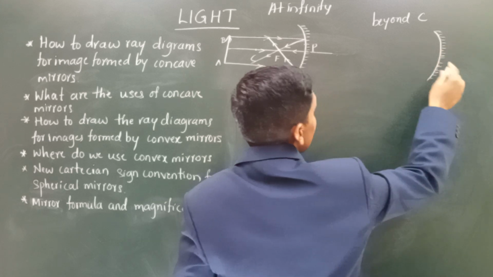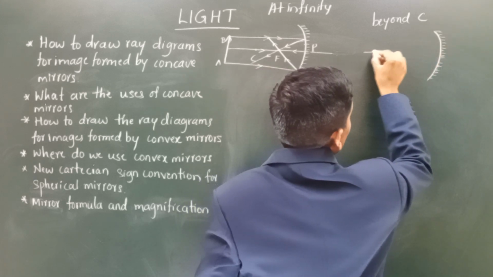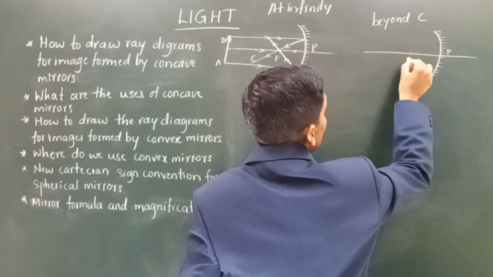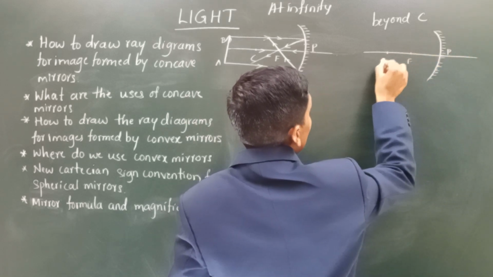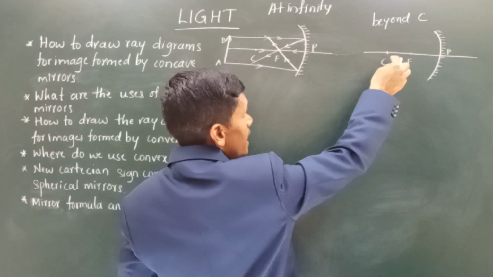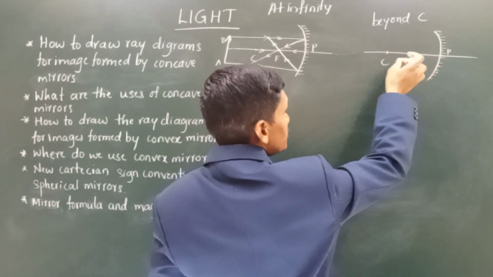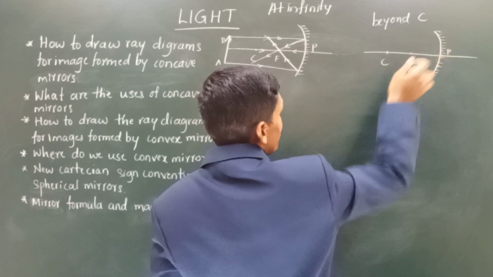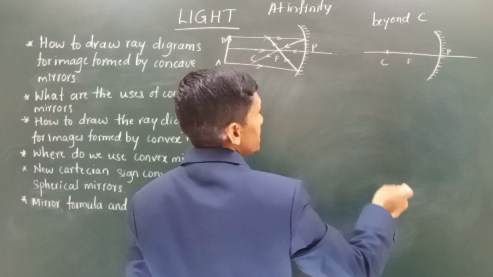One side rough surface. Draw a principal axis. This is the pole of the mirror. Principal focus, center of curvature. This center of curvature, this C, has to be at a distance double the focal length, that is the principal focus. Here we are taking C.